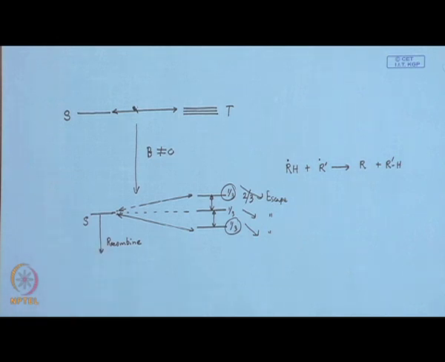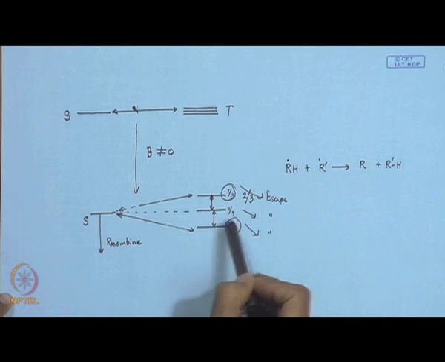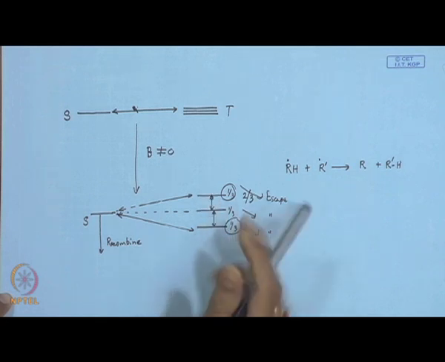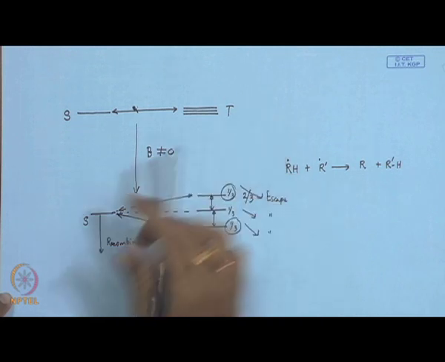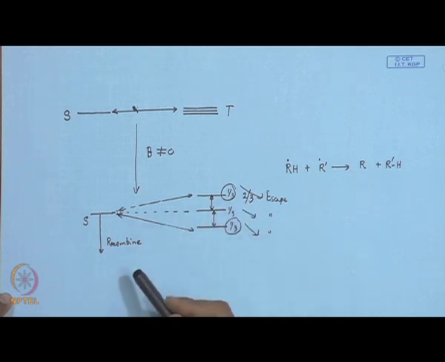But when you apply an external magnetic field, 2/3 of the total population is now here, one third here, another 1/3 here. So they are higher in energy compared to the singlet and T0. Therefore, their option is only to escape, producing cage escape products.